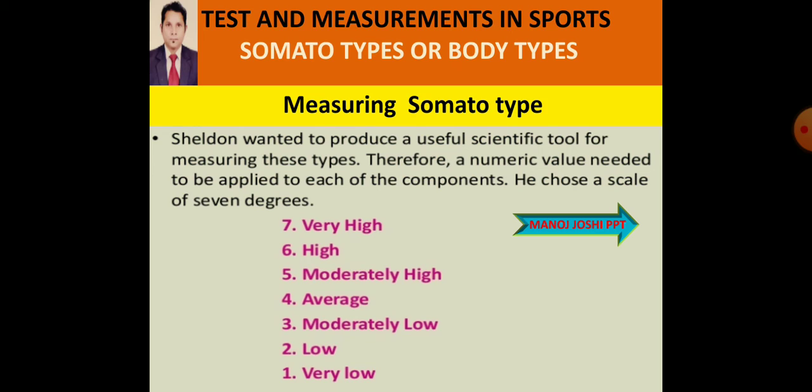So a rating of 7 is very high and 1 is very low. 7 is very high, 6 is high, 5 is moderately high, 4 is average, 3 is moderately low, 2 is low and 1 is very low. So these are the 7 degrees which are given in the form of a rating.